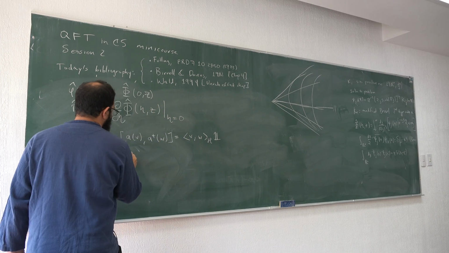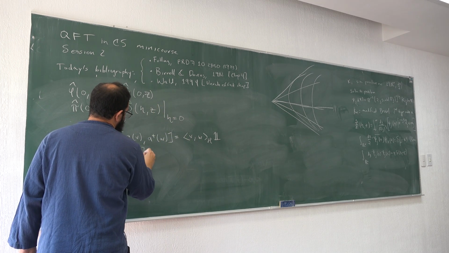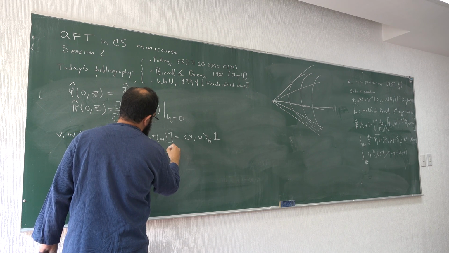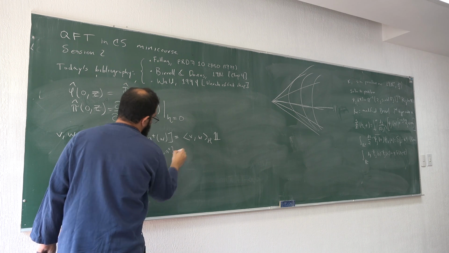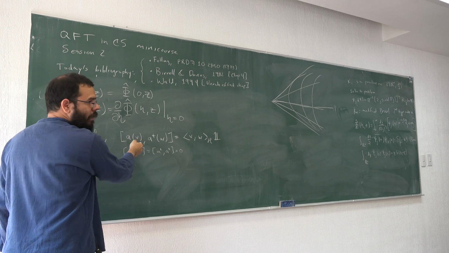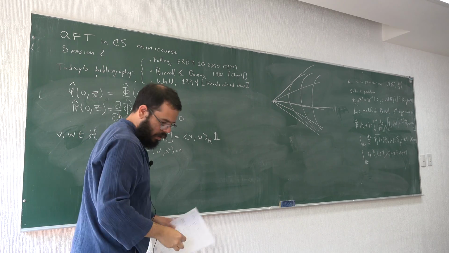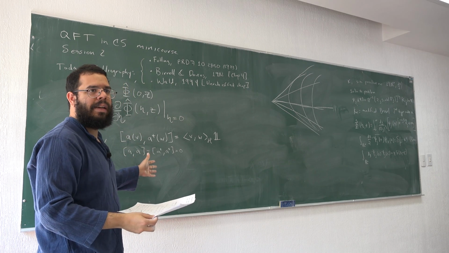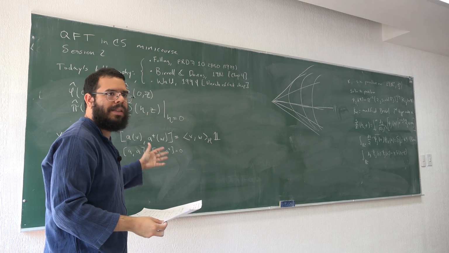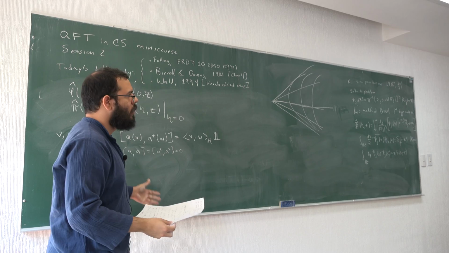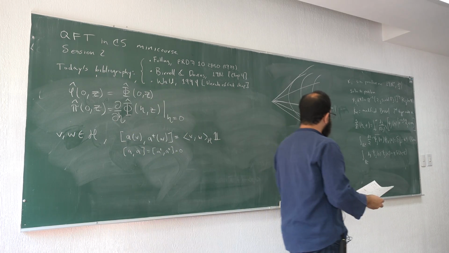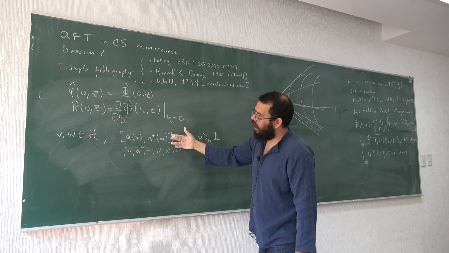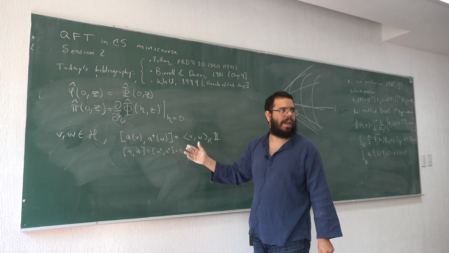And similarly, A A equals 0, A star A star equals 0, suitably taking vectors. So the CCR has exactly the same form as in Minkowski space, despite the fact that we've done quite a different construction. The algebra of commutation relations is the same.